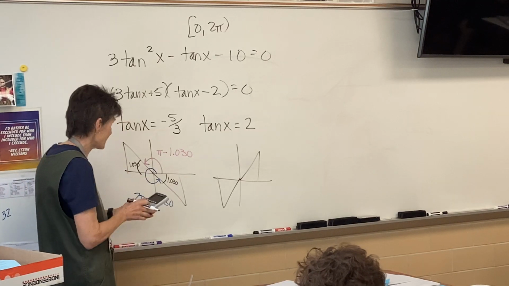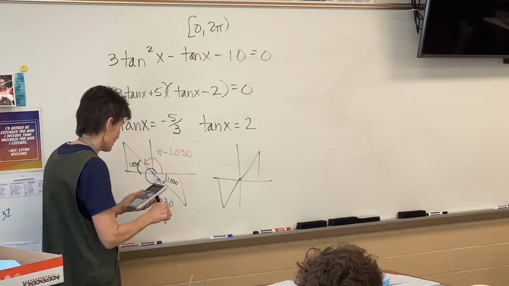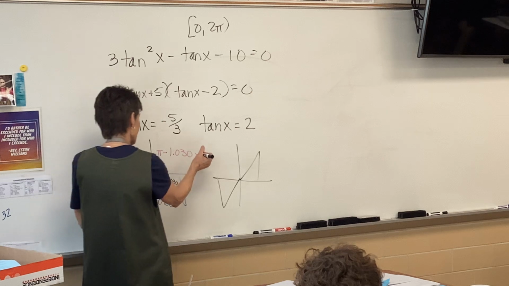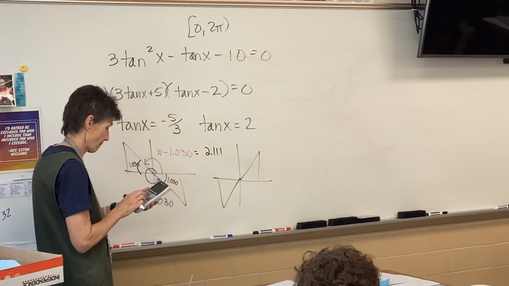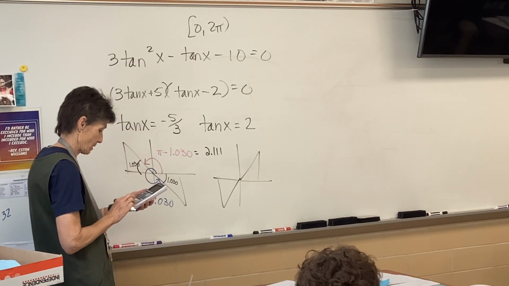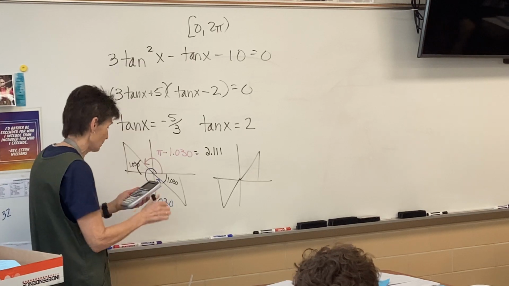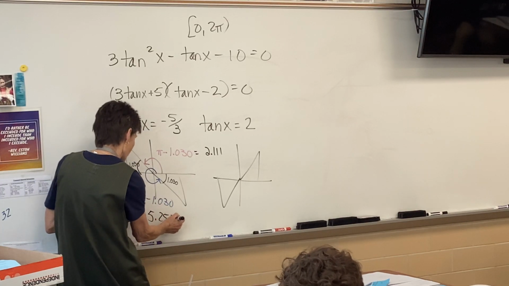Use your common sense. So for pink, I got 2.111. And for blue, I got 5.253. How do those look?